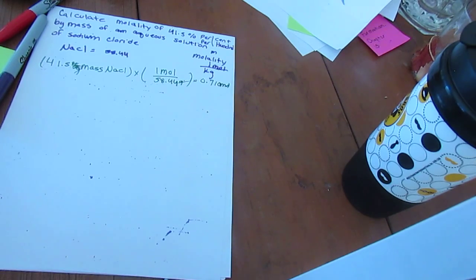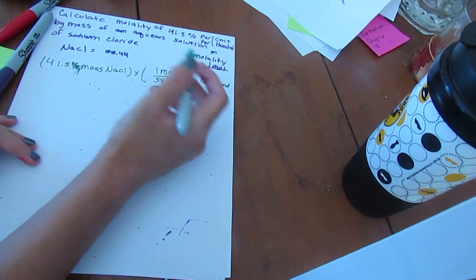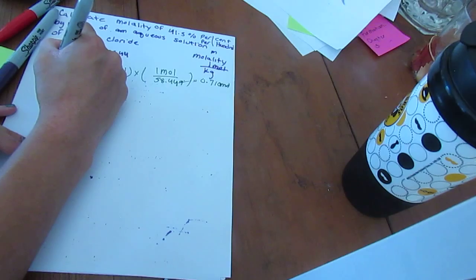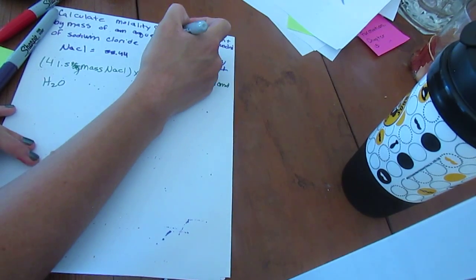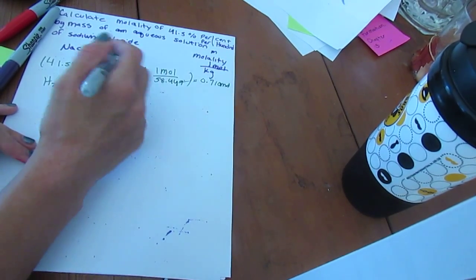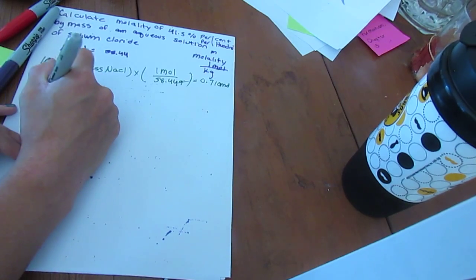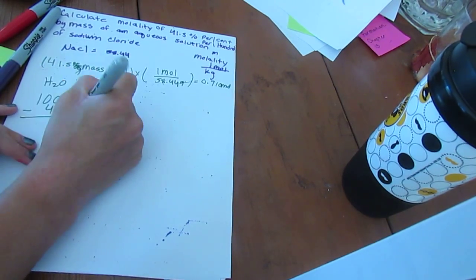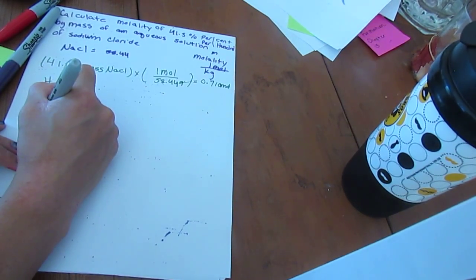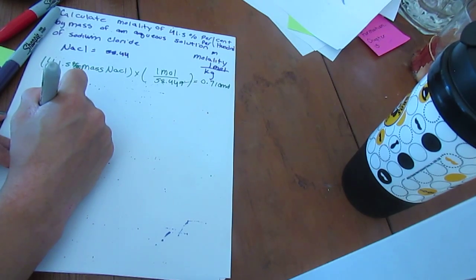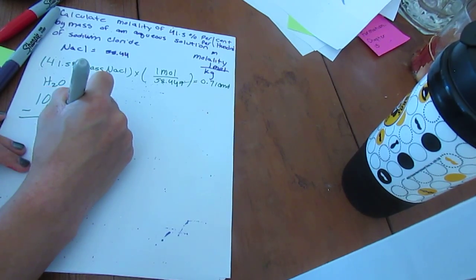Now we need to find our kilograms. So we'll go through the process of finding our H2O. Now notice it's 41.5, so what is the rest of the 100? 100 minus 41.5 will be 58.5.